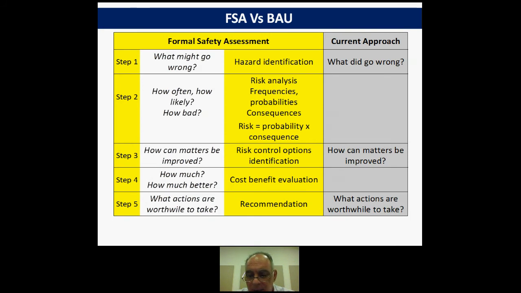And finally, again, in order to be assistive in terms of policy making, in order to aid decision making.